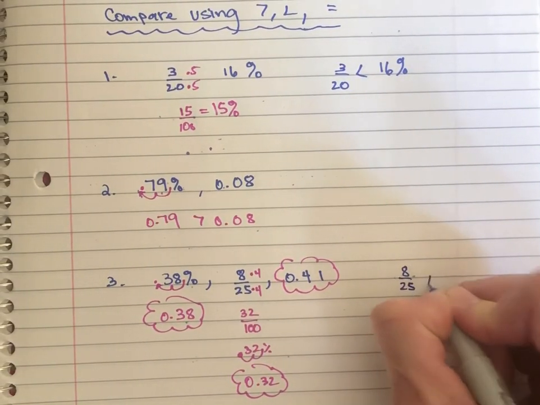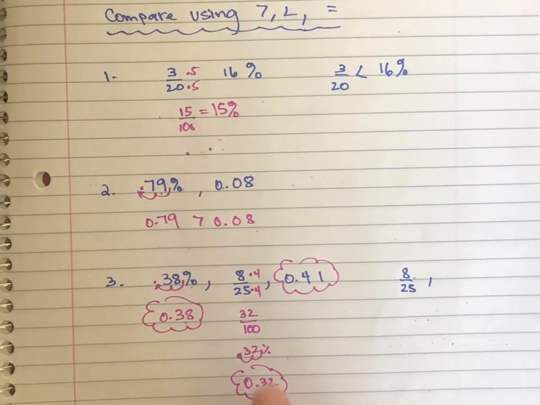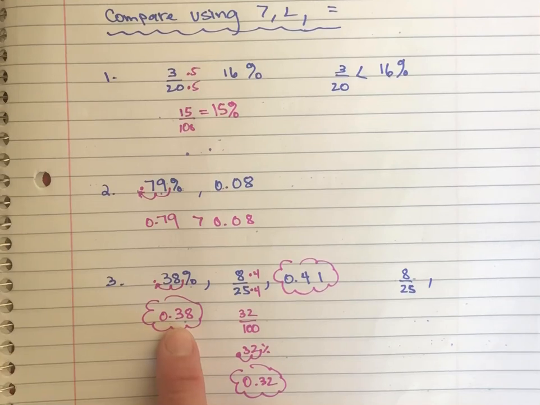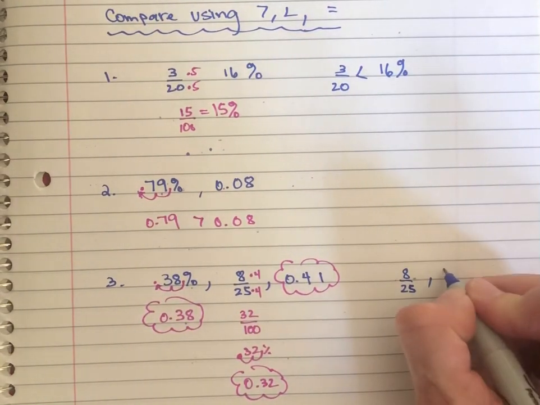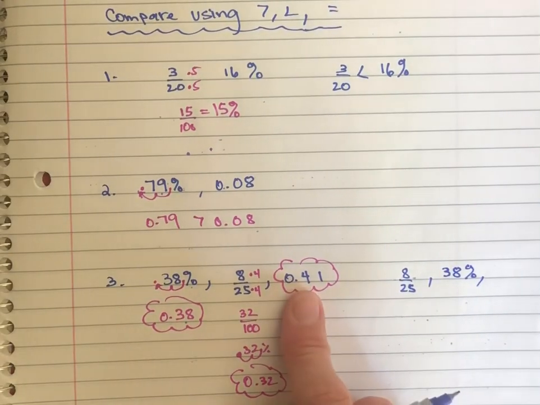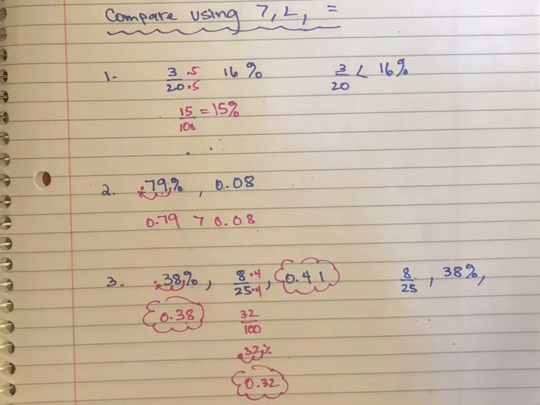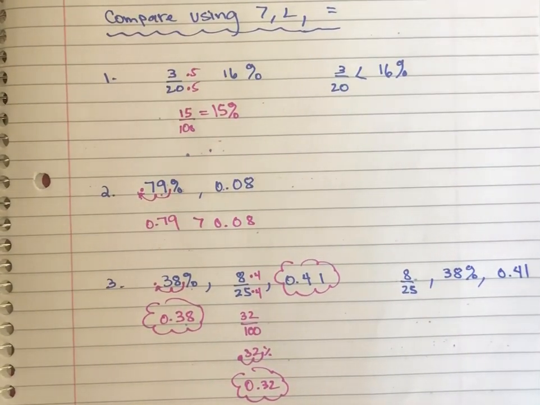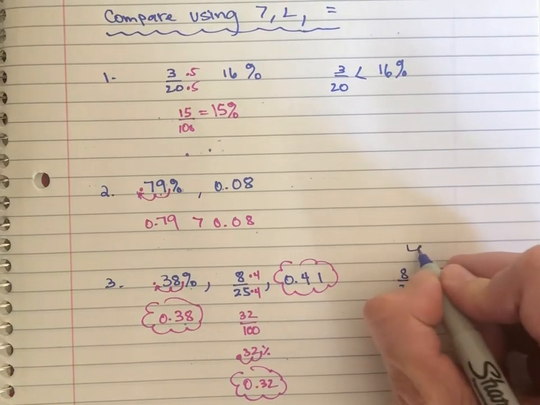So that would be the smallest number in this set. And then 38/100ths is the next smallest. That started as a percent though, so we'll change it to a percent. And then 41/100 is the largest. So there would be our list from least to greatest.